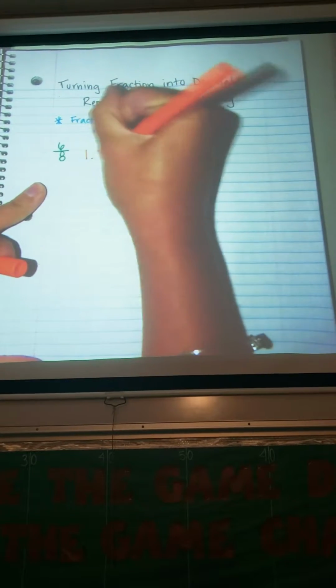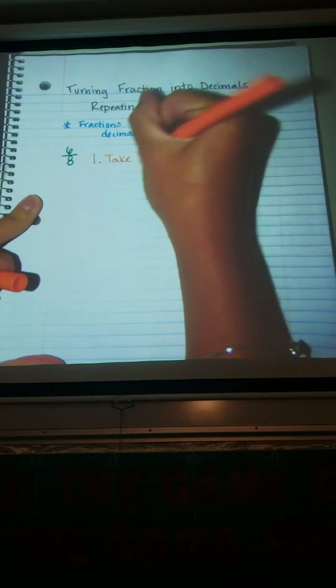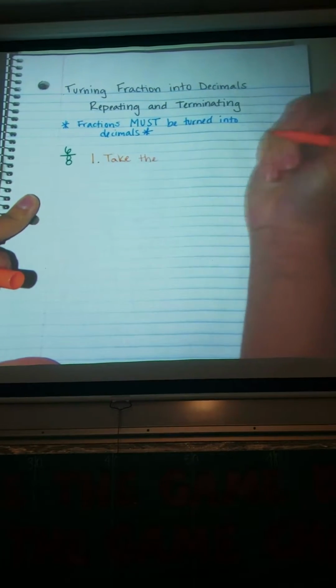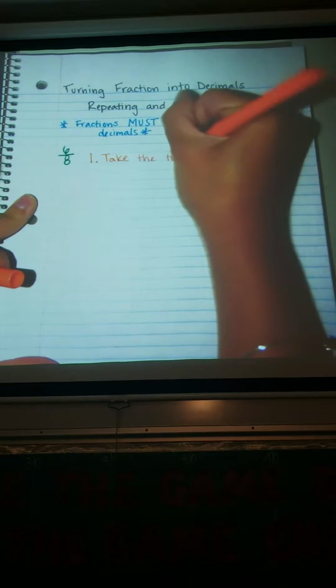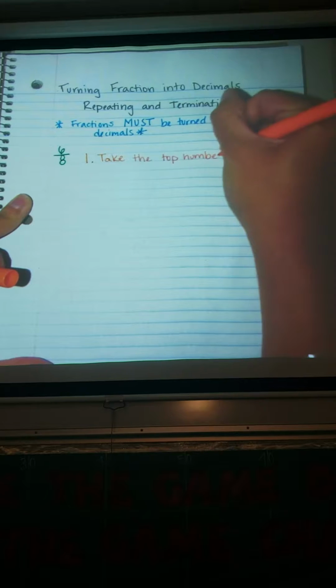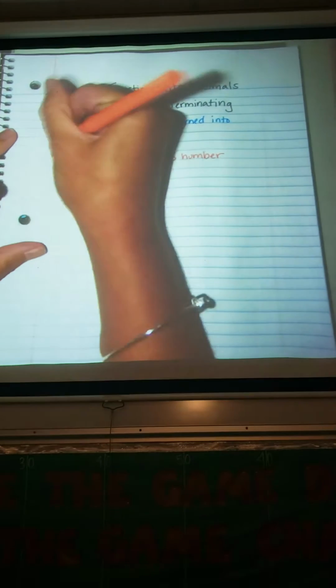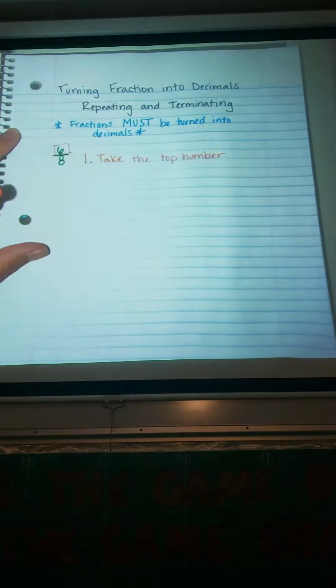Okay? So the first thing that we are going to do, step number 1, is you take the top number of your fraction. It's also called the numerator, the top number. So this one right here would be the 6.